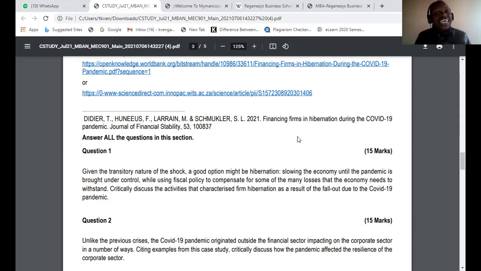Again, we're saying that it has negatively affected the ability of the business to withstand the what? The recession. Why? Because it has negative cash flows, and those negative cash flows are negatively affecting the working capital needs of that specific business.